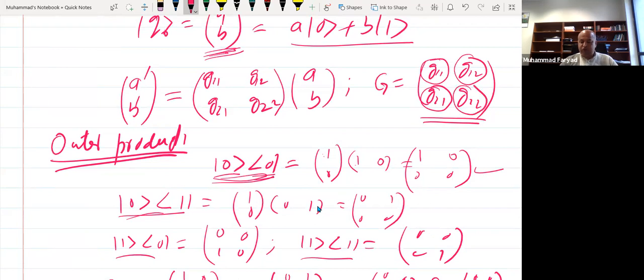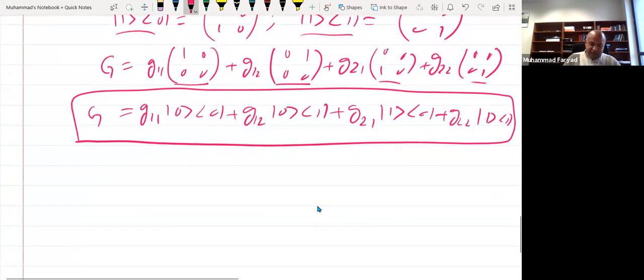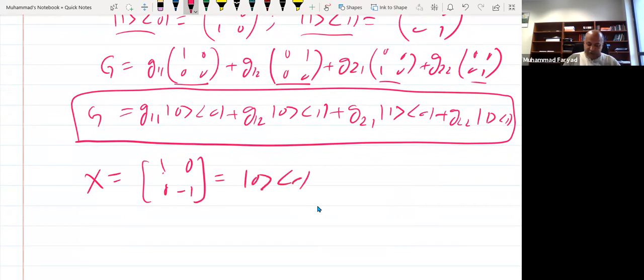And this term corresponds to |1⟩⟨1|. So after doing all of this, from now on, you can quickly write these operators. For example, the Z gate is 1, 0, 0, minus 1. And since this 1 corresponds to |0⟩⟨0|, and these two are 0, only the minus 1 remains, which is |1⟩⟨1|.